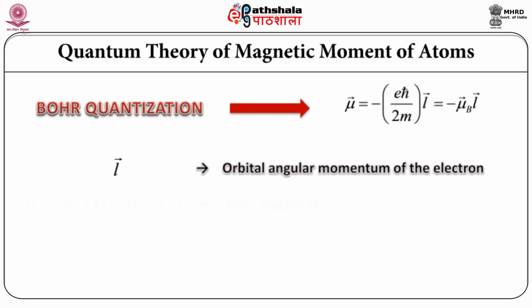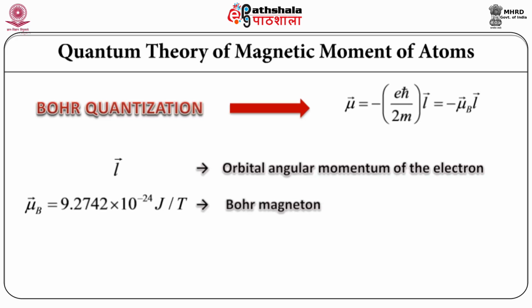As you can see, the quantity in the bracket has been denoted by mu B. So what exactly is mu B? It is the Bohr magneton, and the value of the Bohr magneton is displayed on the slide. It is very important that you know what exactly the Bohr magneton is and what its value is. And the vector small l is the orbital angular momentum of the electron.